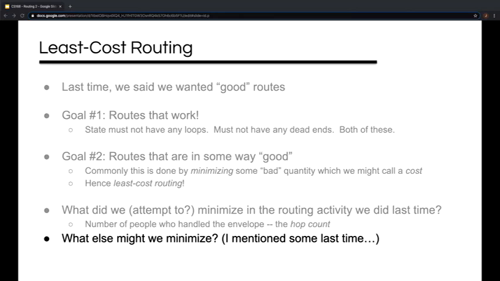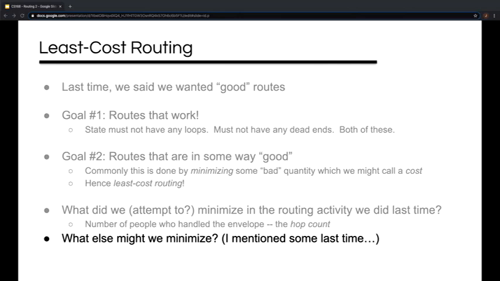Any other things we might want to minimize? Avoiding competitors. You might want to avoid competitors. I suppose you might be able to find a way to phrase that as a minimization problem, like the number of hops that belong to your competitor that you go through.